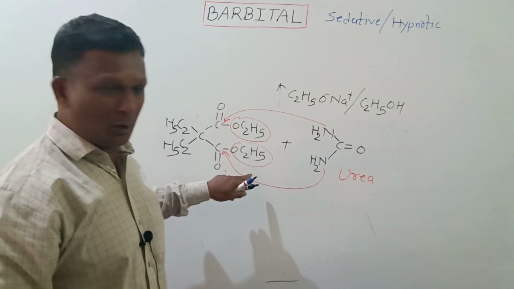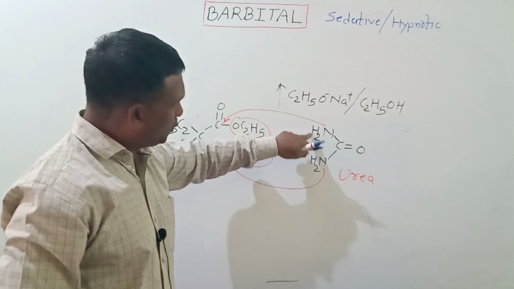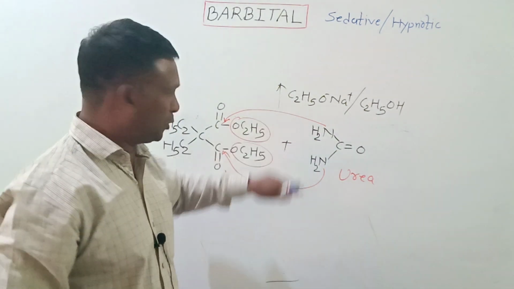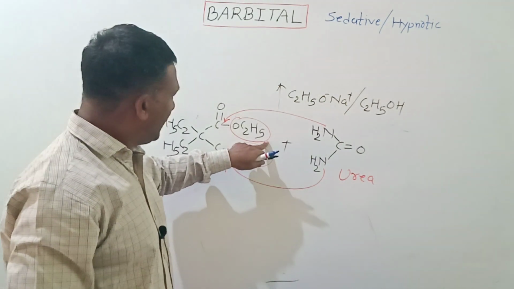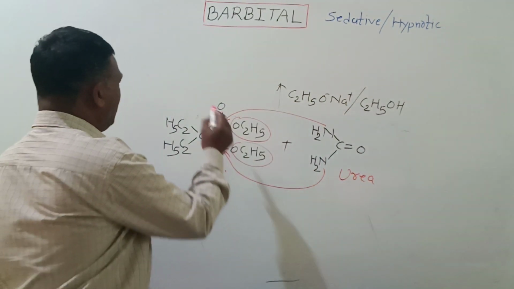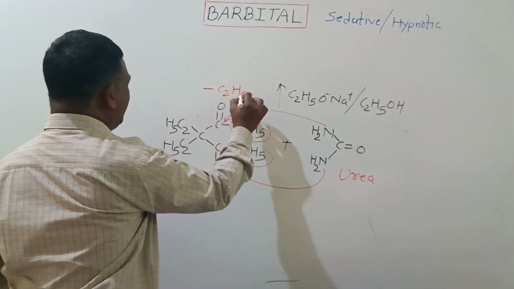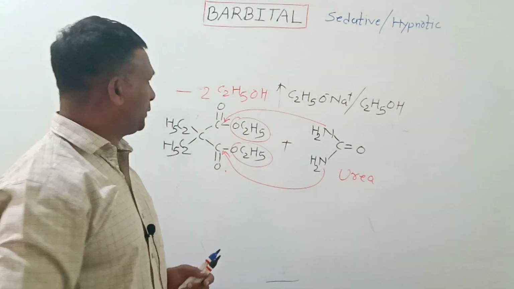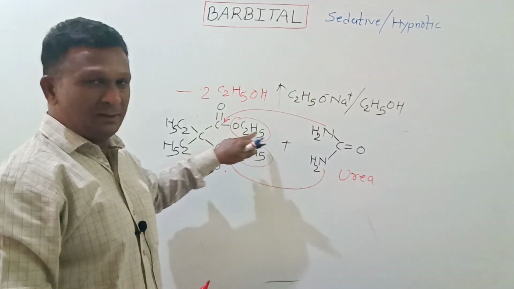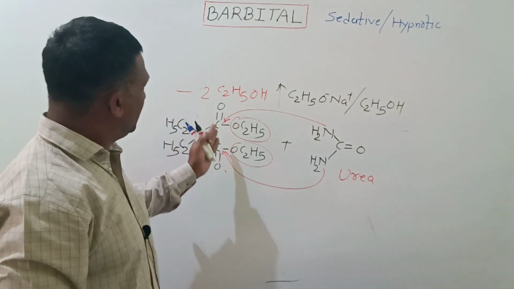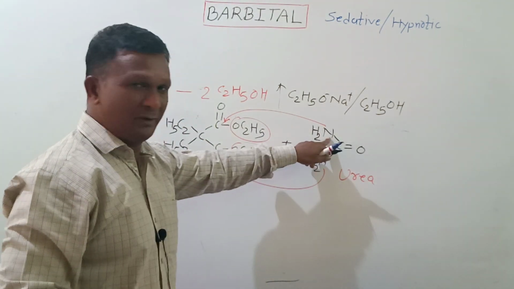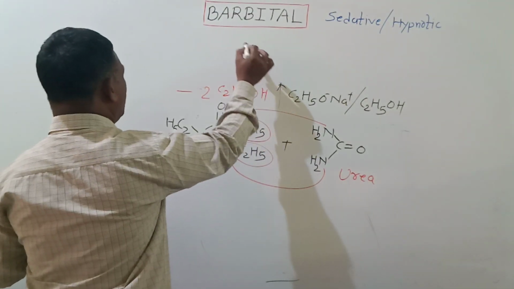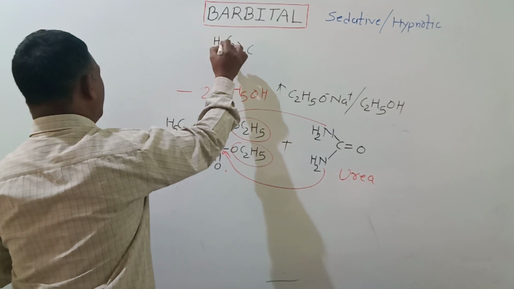These two ethoxy groups and these acidic protons, the hydrogens attached to this nitrogen, are acidic protons. So the ethoxide ion and this proton will be liberated as ethanol. So there is liberation of two ethanol molecules. When the ethanol molecules are liberated, this carbon will make a bond with this nitrogen to give us a cyclic product. So dear students, we will get this product here.